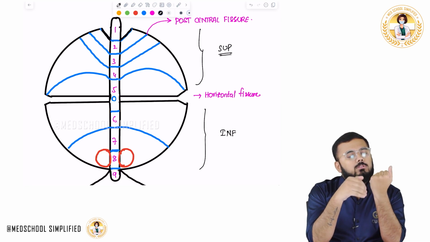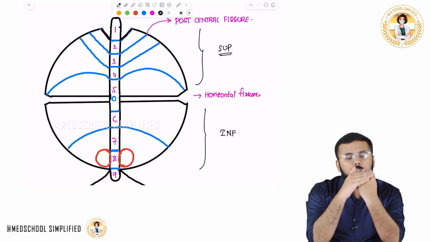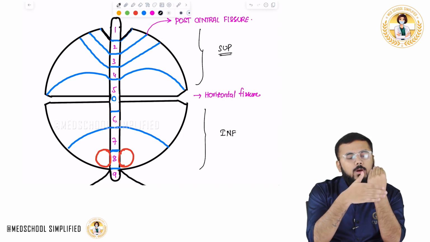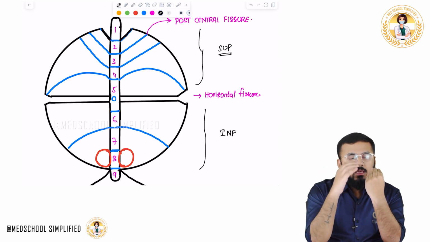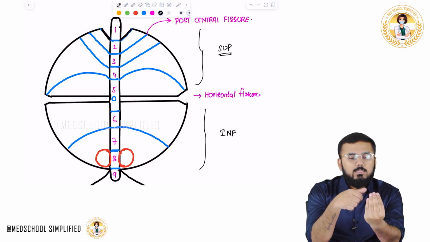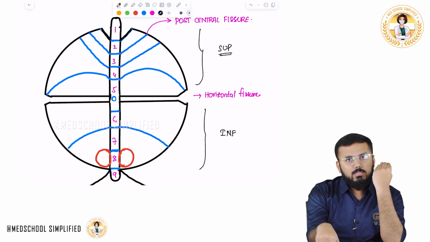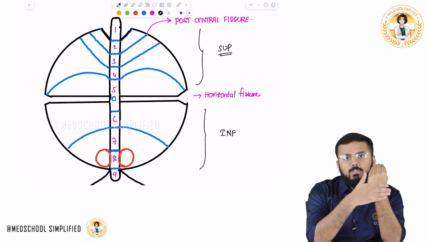Or else let me put it like this, it would be easy. If you want to see the superior surface clearly, then I have to put my fingers like this so that you can look at the superior surface clearly. If you want to look at the inferior surface clearly, then I have to put my fingers like this so that you can look at the inferior surface clearly.